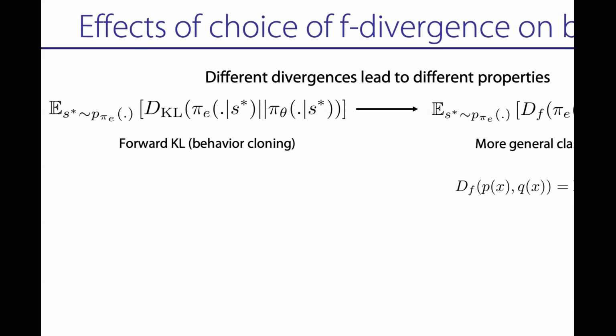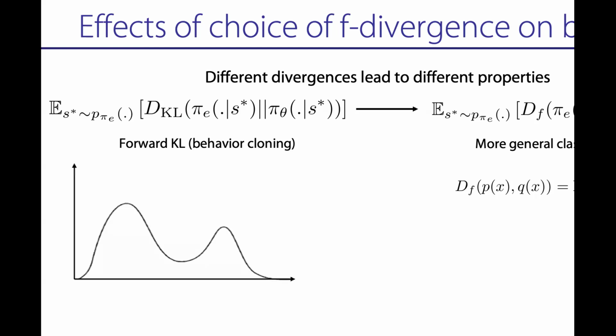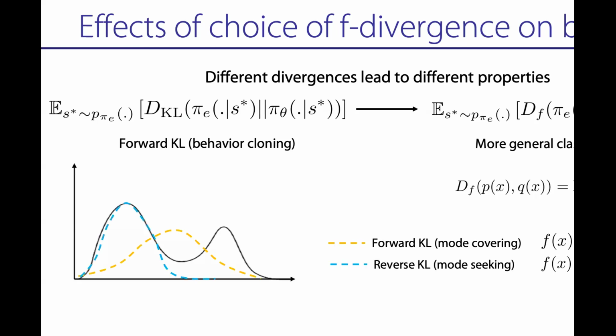And the forward KL divergence has this issue of mode covering. So we said, okay, we're going to try and change the divergence from a forward KL divergence to a broader class of F divergences, right? An F divergence is an expectation under Q of F of P over Q. For different choices of F, you will get different divergences, right? And so we said that there's the mode covering divergence, which is when you set F to X log X. There's the reverse KL, which is nicer, where you set F to minus log X, right?